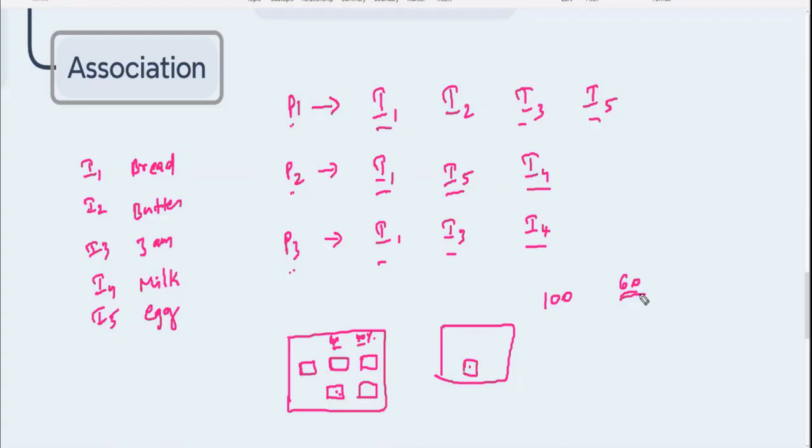Immediately they will think they are getting 40% off, so they will buy some products. In this way, indirectly we can increase the sales, and if the sales increase, automatically the profit also increases. So for this purpose, this unsupervised learning association concept will be very helpful.